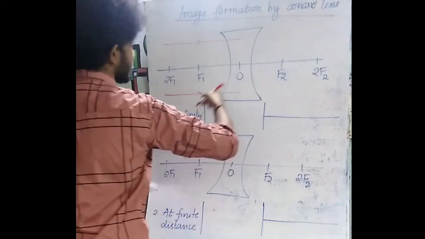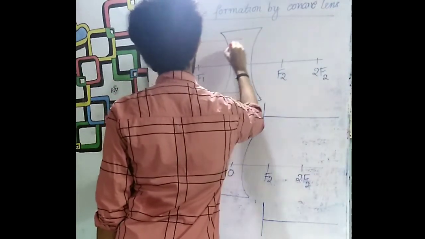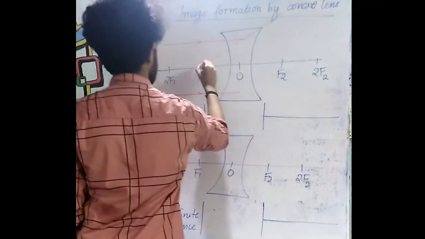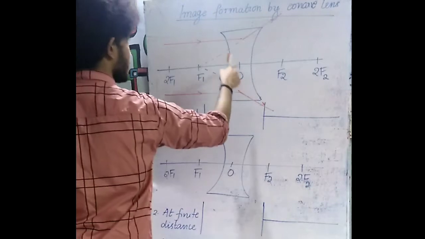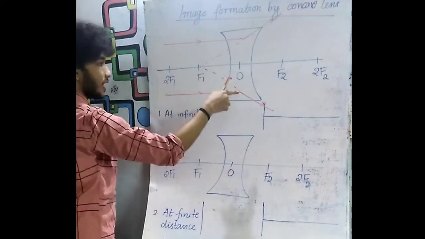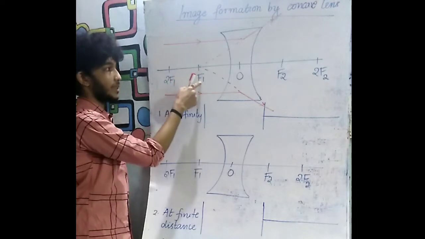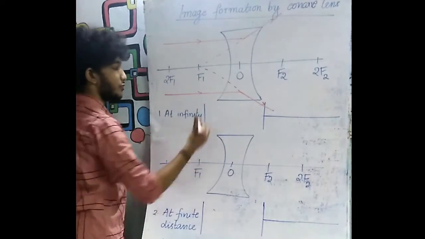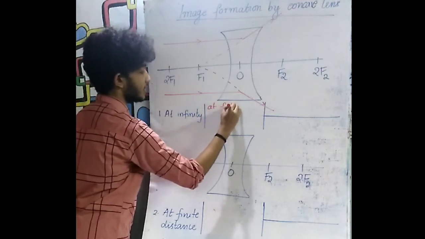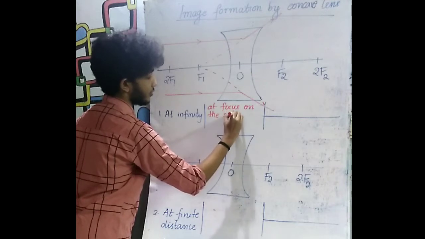Since concave lens is a diverging lens, the rays of light diverge. And these refracted diverged rays of light, on extending backwards, meet at the principal focus. Hence, the image formation is at the focus, which is on the same side of the object.